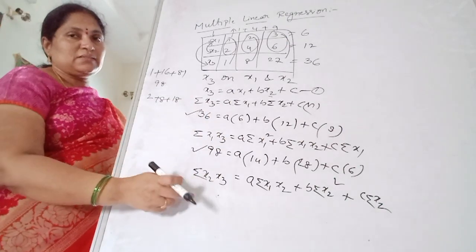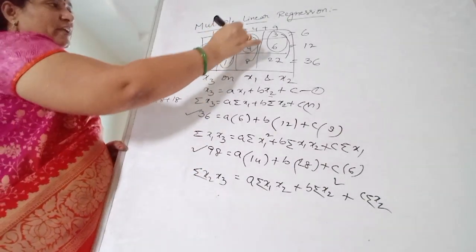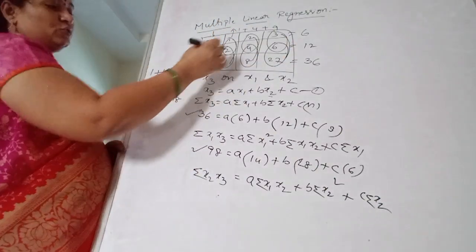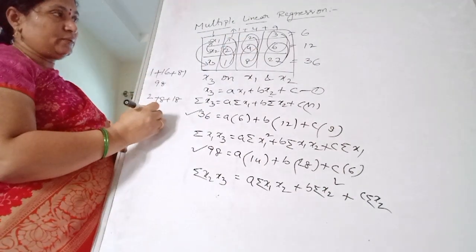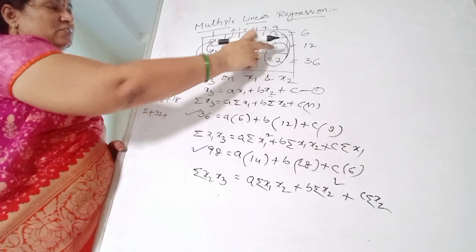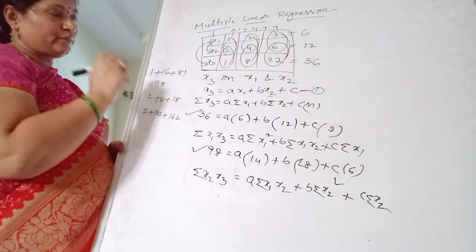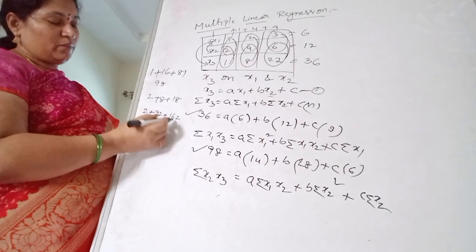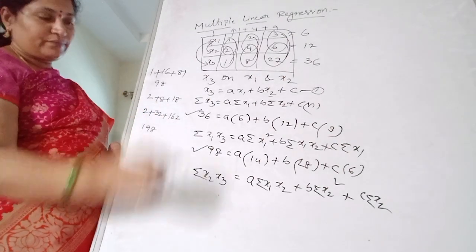Next, take the third equation. Summation of x2 x3: we multiply x2 and x3. 2 into 1, 2, plus 4 into 8, 4 8s are 32, plus 6 into 27, 6 20 is 120 plus 42, 162. 34 plus 162 is 198.